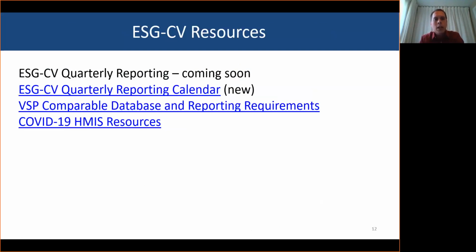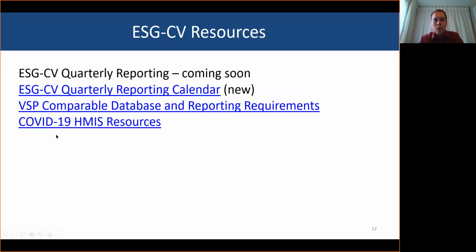Reporting starts soon. The other one is the ESG-CV quarterly reporting calendar. We released that today. This just gives you a sense of, for the players involved, kind of what we went over with roles earlier. When do you have to be engaging with reporting? So recipient, when do you need to first touch Sage?